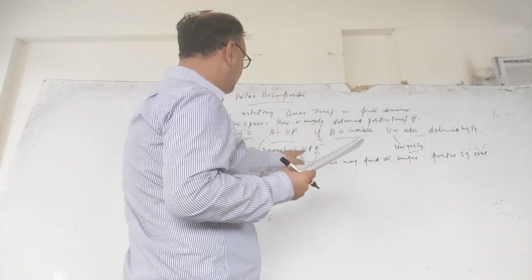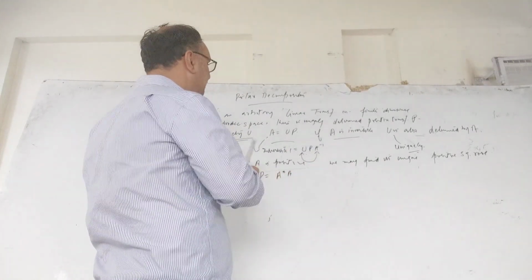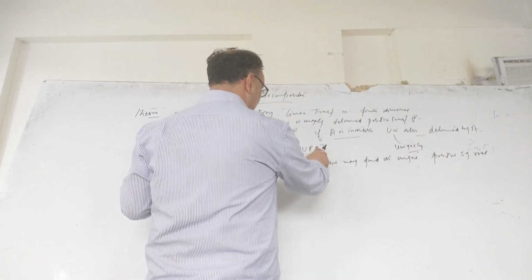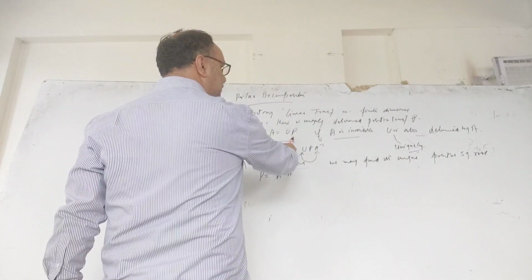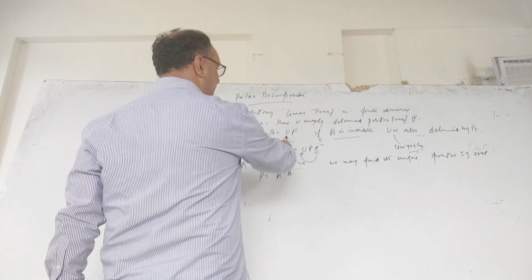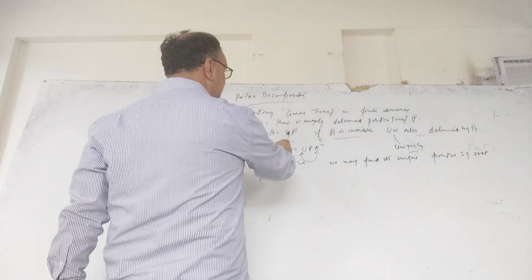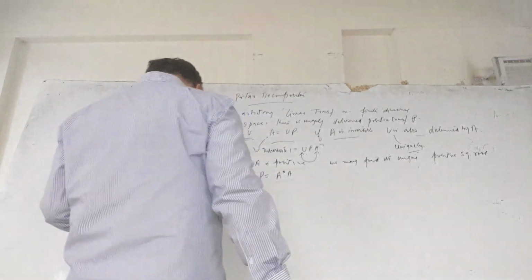So we can define P in terms of A star A. If A is invertible, P is uniquely determined by A.